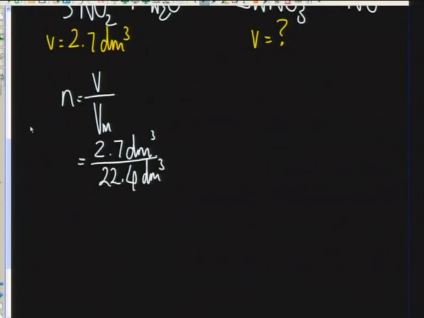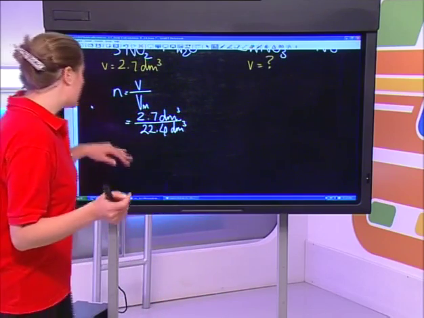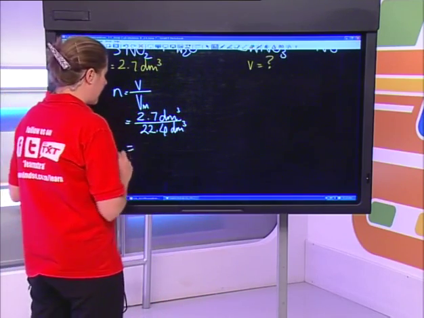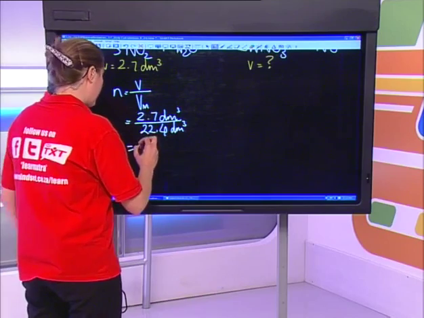Why is that? Well, it's because for 1 mole of gas at standard temperature and pressure, the volume is going to occupy 22.4 cubic decimeters of space. So it's a helpful number to have. It's on your data sheet. You would go and work with that molar volume, and we're going to get an answer.